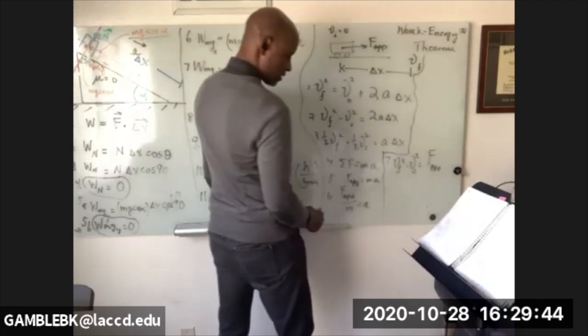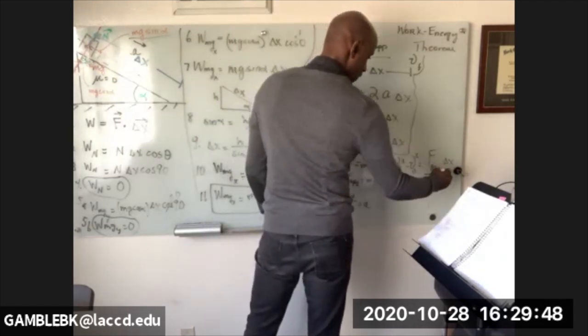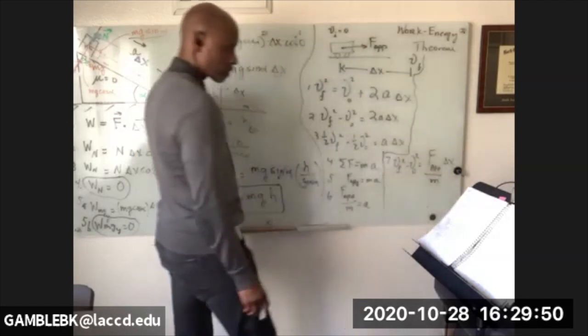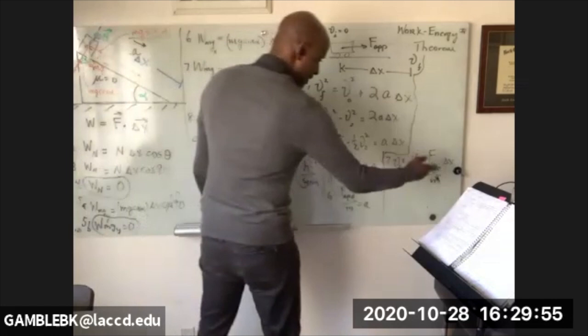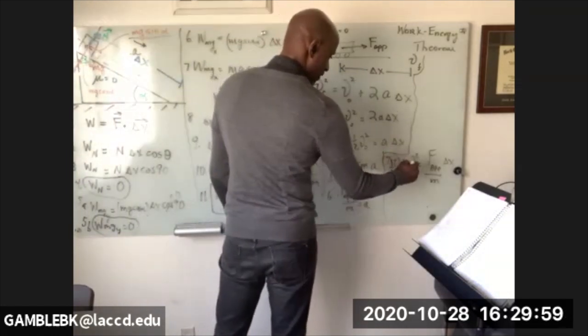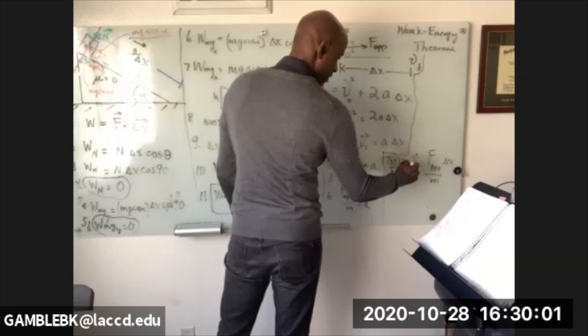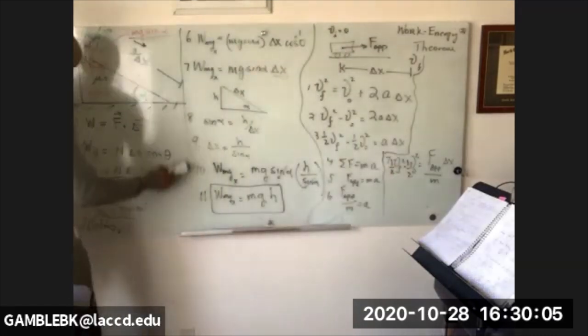times delta x over the mass. Now I'm going to multiply the mass through each term. Oh, and I forgot there's a 1/2 here and a 1/2 there. I'm running out of space. Let me come over here and get some better space.